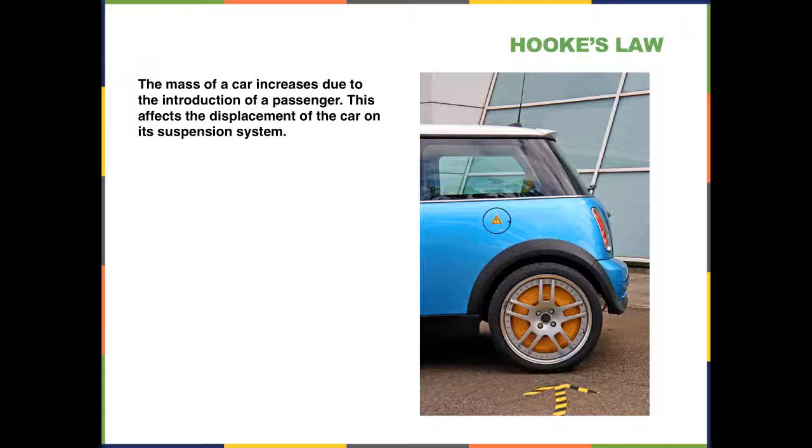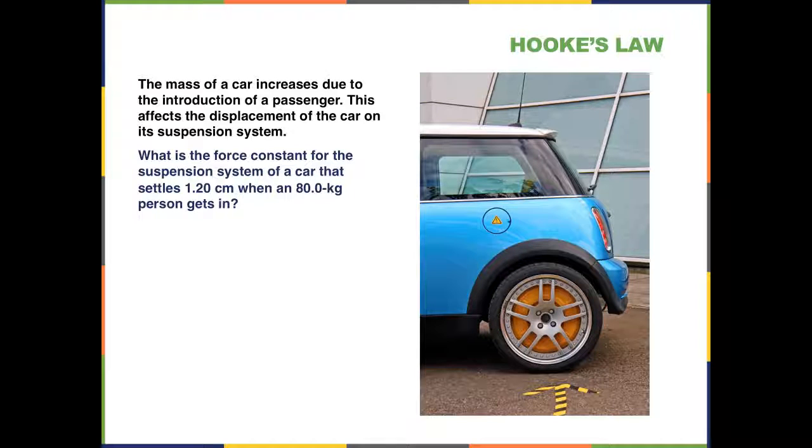So when a car is in a certain position, it's in the equilibrium position based on the weight of the car. And if you introduce a passenger, then this causes a displacement of the car on its suspension system. This displacement is the deformation. And then you can calculate what it would require to restore the car to its original position before the person got in. So let's take a look at how we would do that.